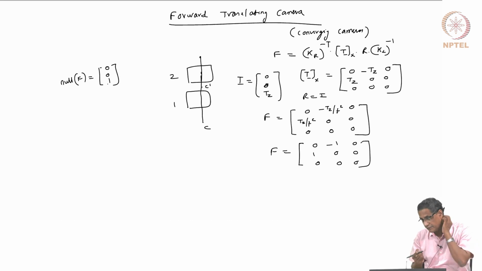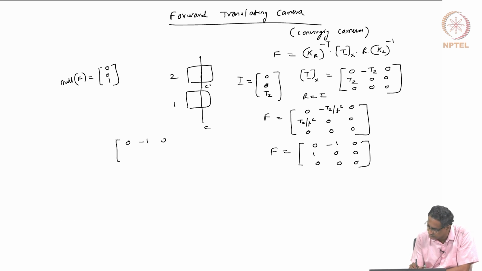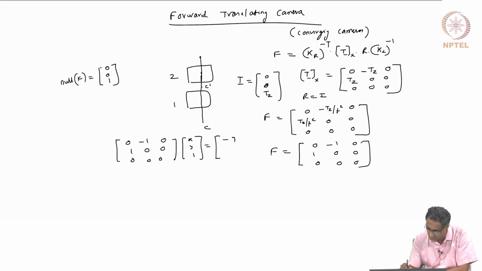By the way, first let's find out where a point maps, so where is the epipolar line? So let's take 0 minus 1 0, 1 0 0, 0 0 0. I apply it on a point (x, y, 1) in my first image, and this gives me (minus y, x, 0).